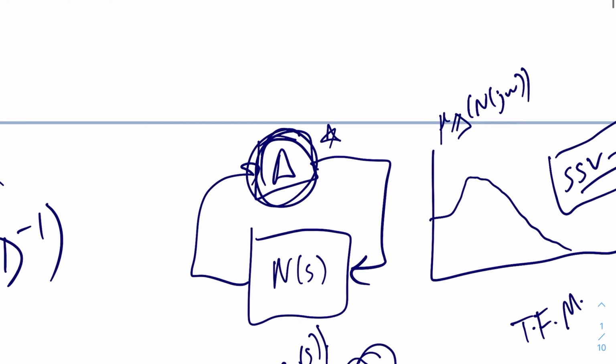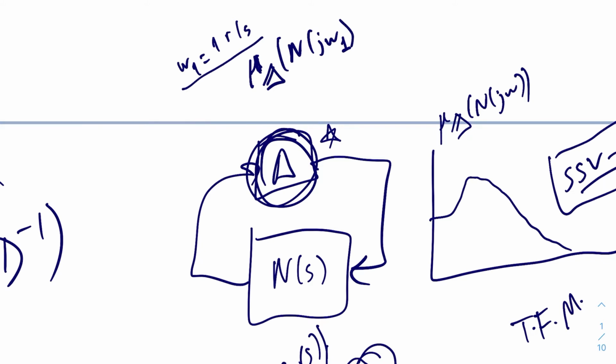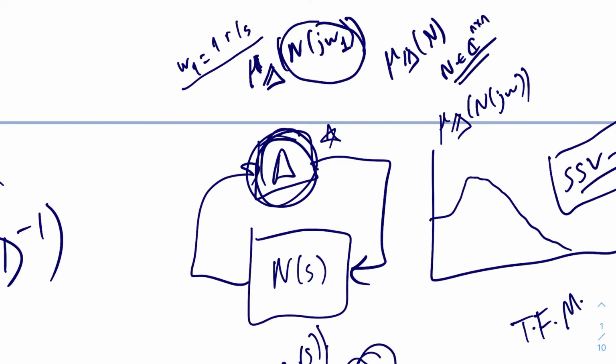this object. I'm going to state that object mu delta, and for a given w1, let's call it w1 equals 1 radian per second, and let's call n an n by n complex matrix.